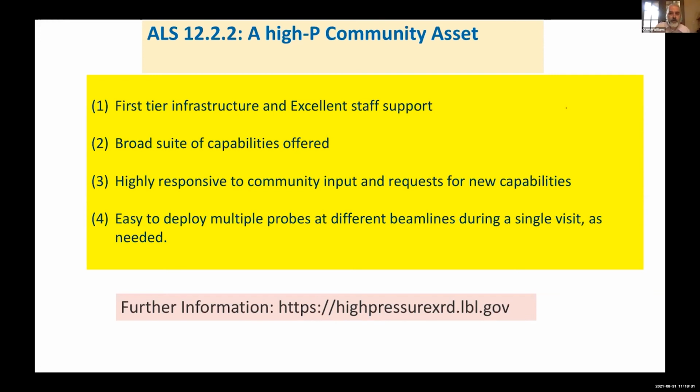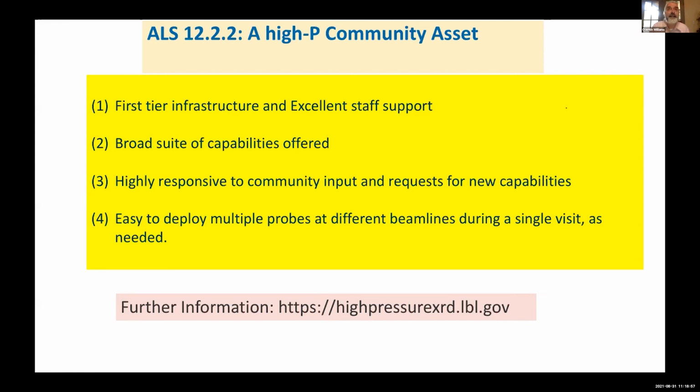Oh, that's a great question. And there's a lot embedded within that question, of course, because I can interpret cyber infrastructure in multiple ways. One of which is the software capabilities of a given analysis technique, let's say single crystal X-ray diffraction.